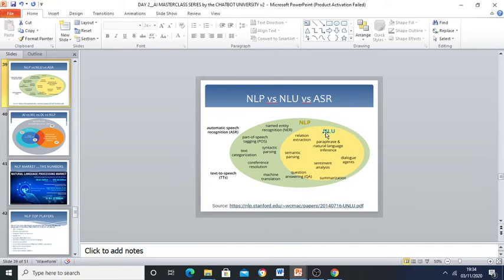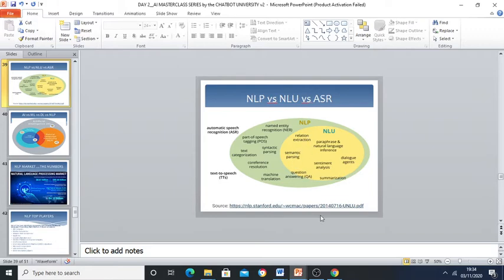NLU stands for natural language understanding, and within natural language understanding, we have key concepts such as relation extraction, paraphrasing, and natural language inference, dialogue agents, which is what we call Dialogflow, the Google agent for chatbot builds. And we also have sentiment analysis, summarization, question answering QA, and semantic parsing.